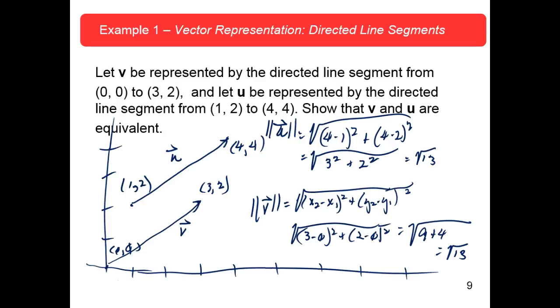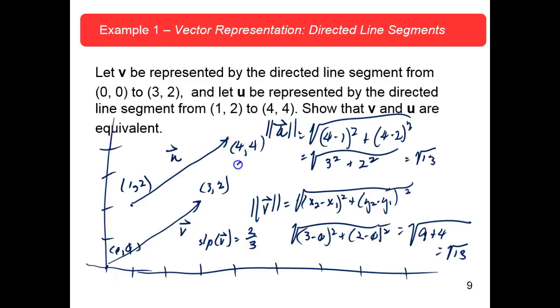The direction. Now, how is a good way to talk about the direction of the vector? Well, one way that you've done before is slope. And what's slope? Rise over run. So let's see what the slope of this vector is. The slope of V, this is my nomenclature here, rise over run would be 2 over 3.